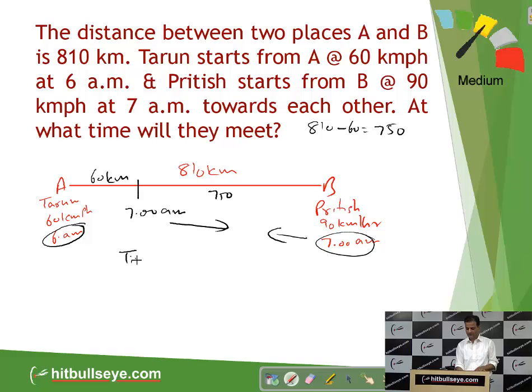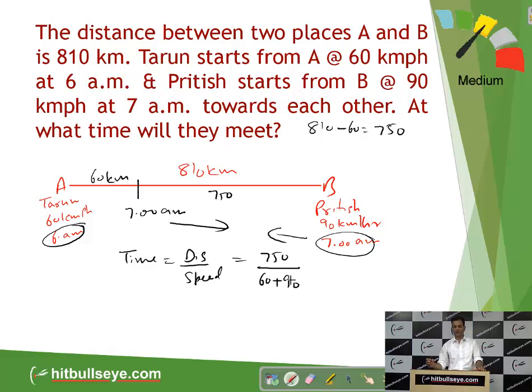Now time will be distance upon speed, and what will be the relative speed, students? 750 divided by 60 plus 90, and the units are the same, because here it is 750 km and the units are kilometers per hour. So it will be 750 divided by 150, and the time will be 5 hours. So after 5 hours both of them will meet.